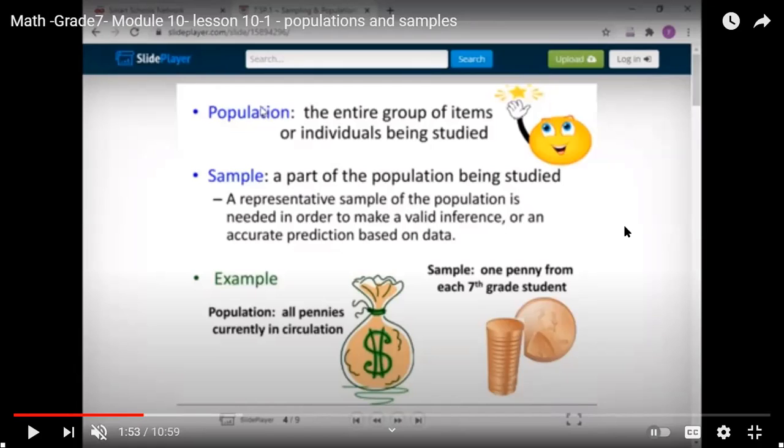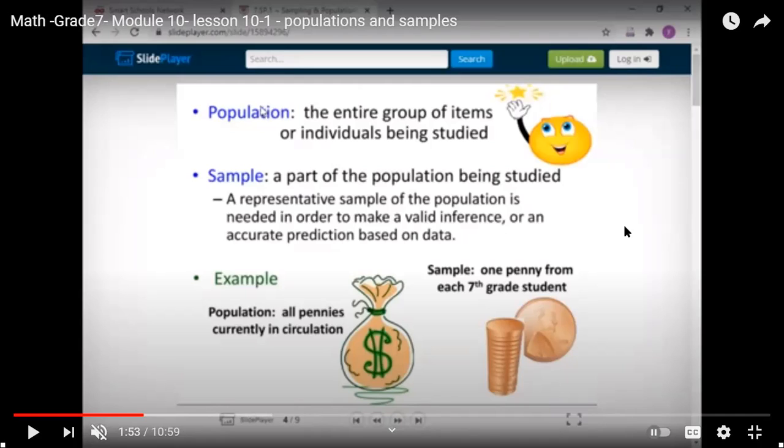So the sample is a part of the whole, or a representative sample of the population is needed in order to make a valid inference or an accurate prediction based on data.